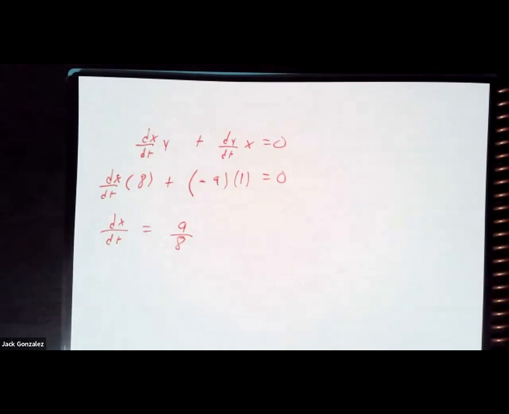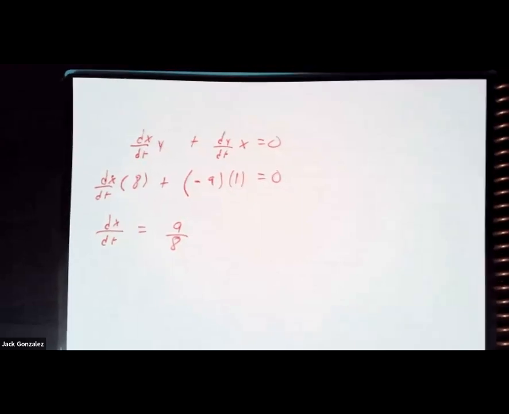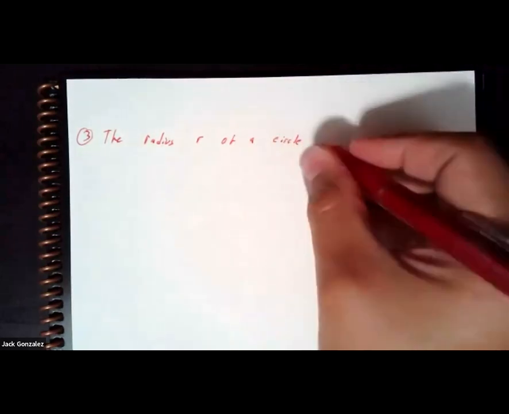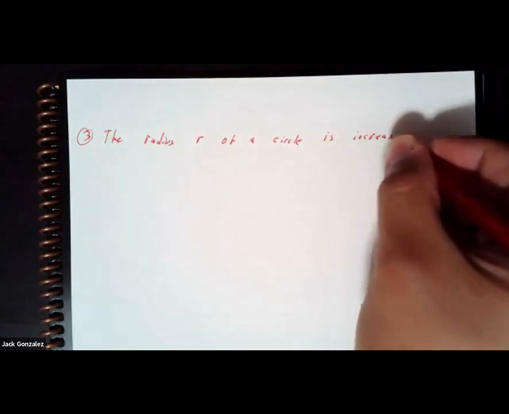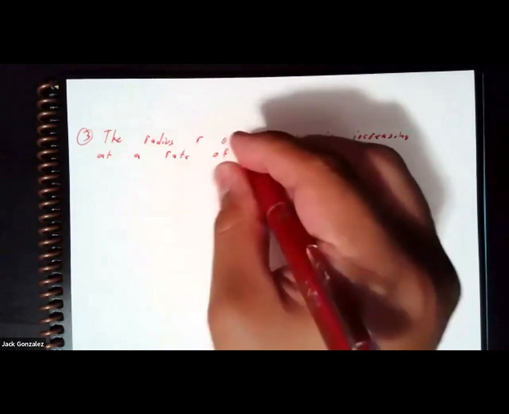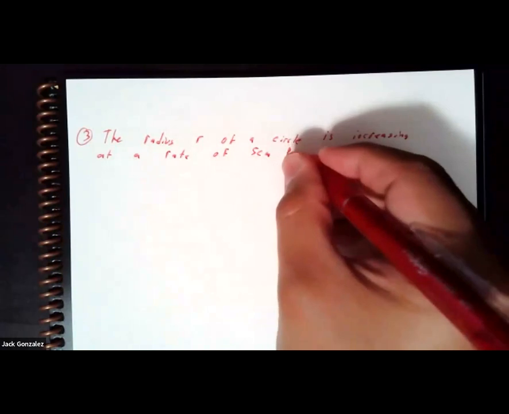All right, let's move on to some real word problems then. So the radius r of a circle is increasing at a rate of 5 centimeters per minute.